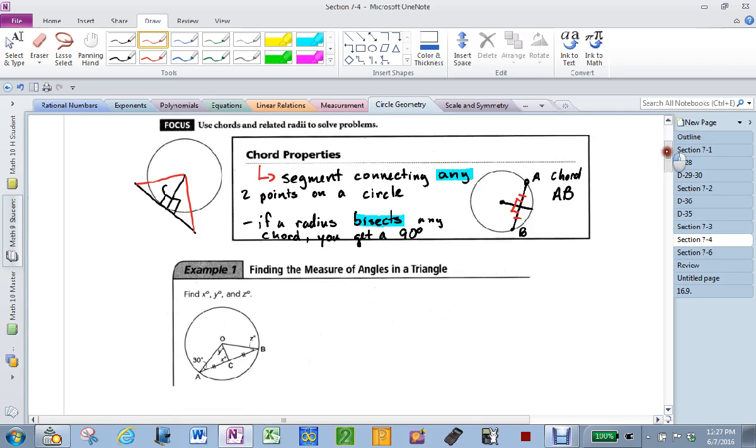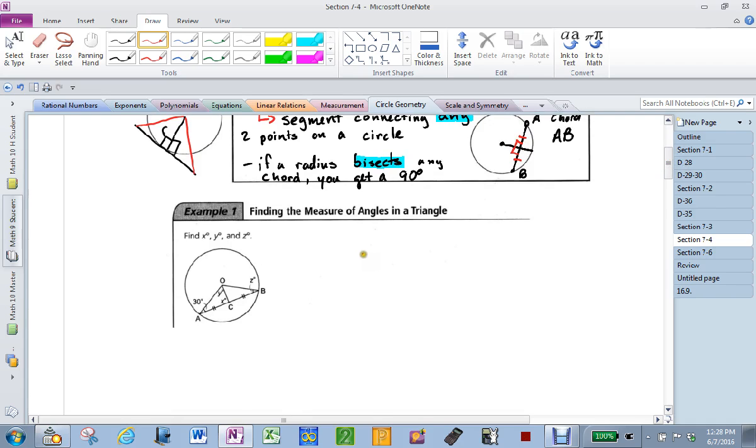Okay, now, over here, before we do any work, I want you guys to look at this diagram and I want you to tell me a couple of things. One, I wish for you to name every radius. Name them. There's 2 in there already. What are they?